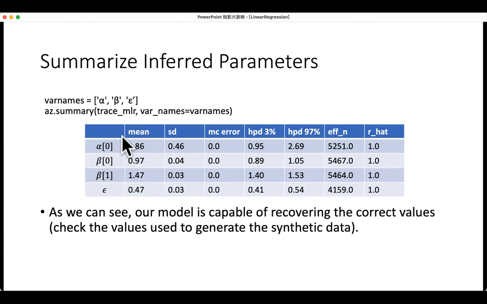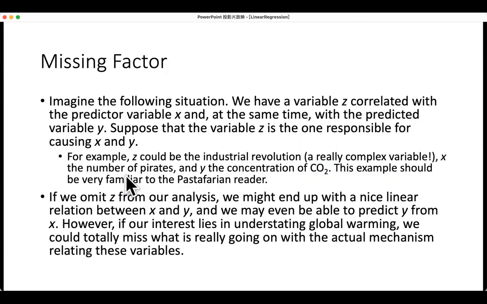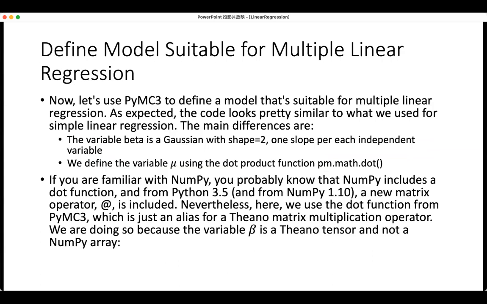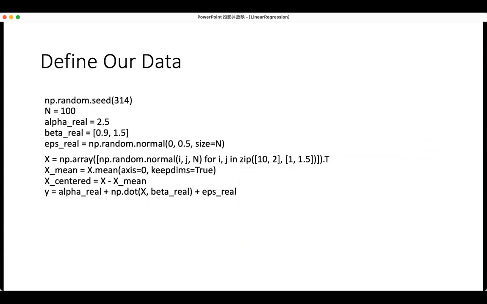So you can check. For example, the real alpha is 2.5. The real beta is 0.9, 1.5, right? The epsilon is a random value, so don't worry about it, but it's between 0 and 0.5.